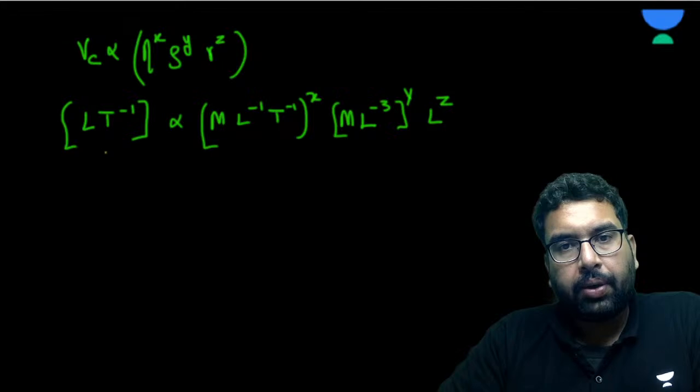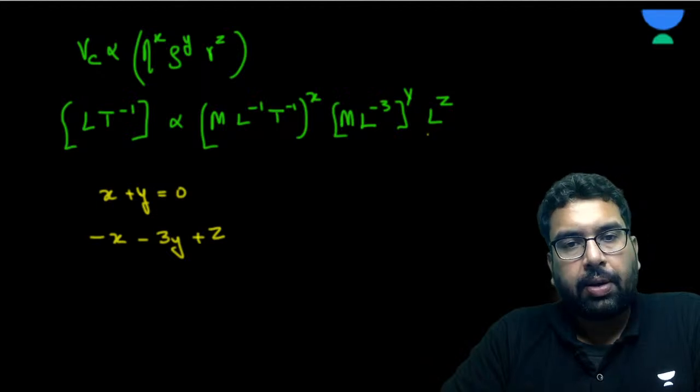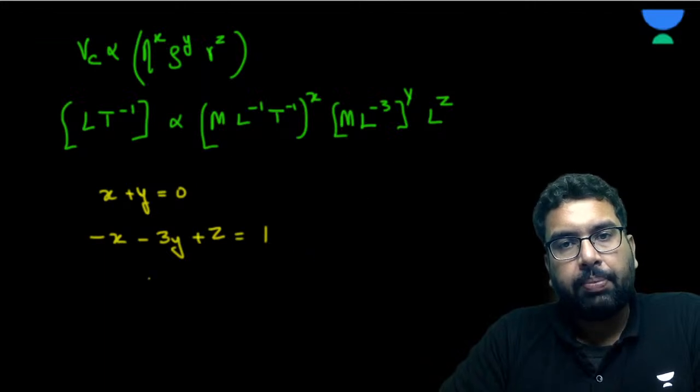So from here we can write x plus y is equal to 0. Okay, we can write minus x minus 3y plus z is equal to 1, because this is also there, na? So we are comparing the power of the same basis, right?